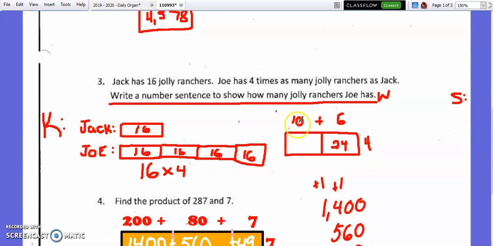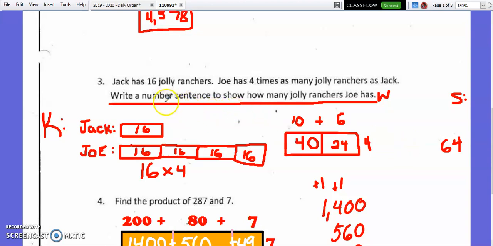And in this area, I'm doing 10 times 4, which is 40. And now I add 40 plus 24 to get my final answer, which in this case is going to show me how much Joe has. So Joe has 64 Jolly Ranchers.